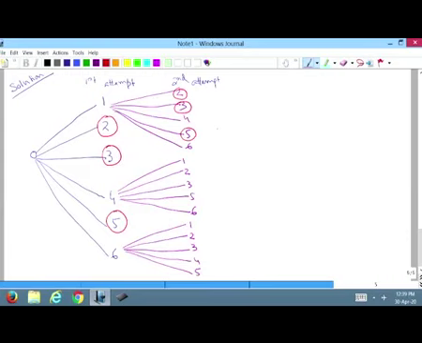Therefore, in these cases the outcomes are 1 2, 1 3, 1 5. So, let me circle them.